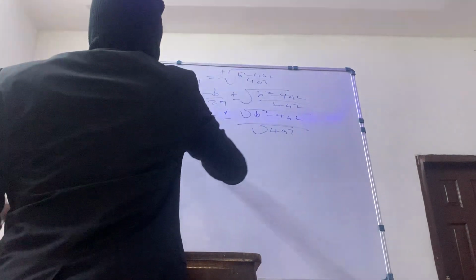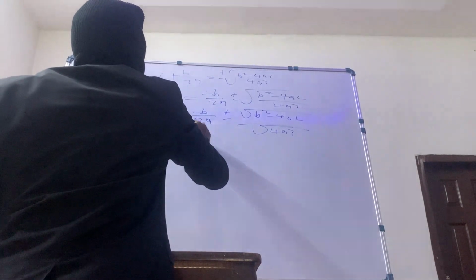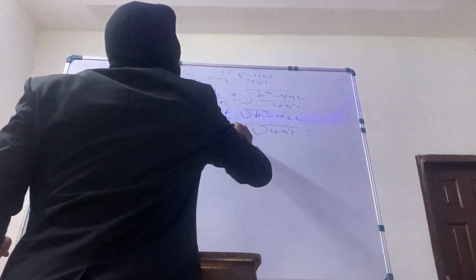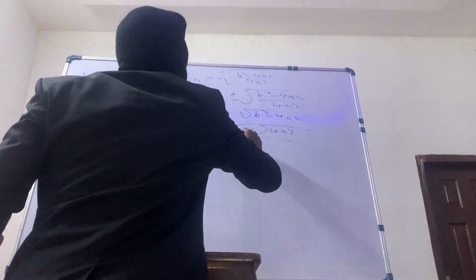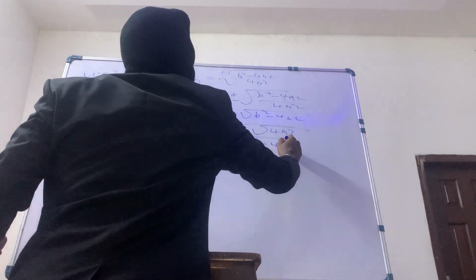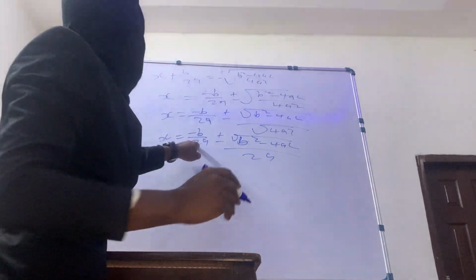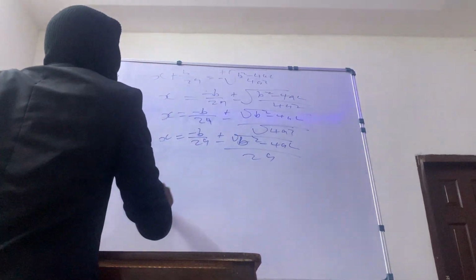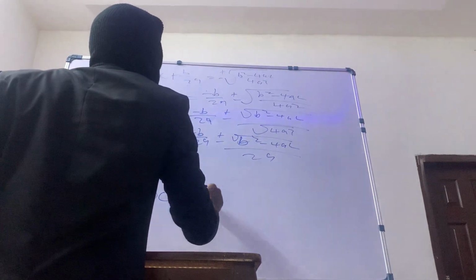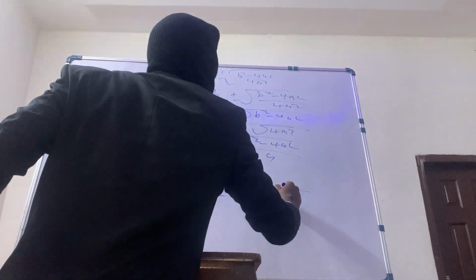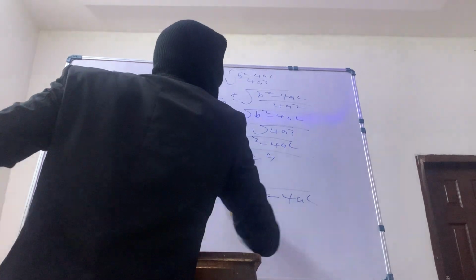And then we are going to be left with x is equal to minus b over 2a plus or minus square root of b squared minus 4ac over 2a. We have a common denominator. Now x is equal to minus b plus or minus square root of b squared minus 4ac over 2a.